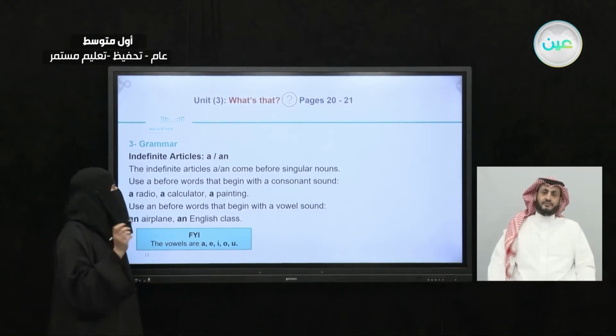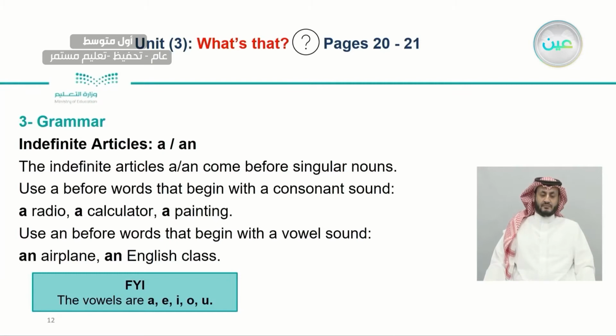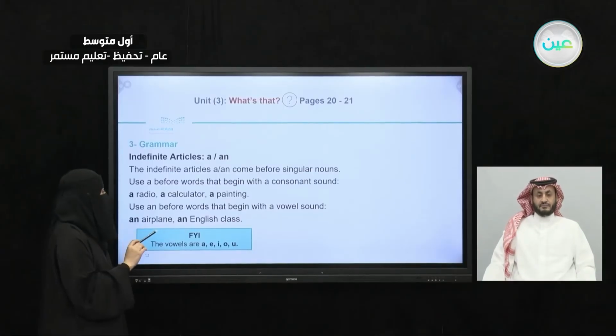Good job. So, the indefinite articles a and an come before singular nouns. Okay? Use a before words that begin with a consonant sound, like a radio, a calculator, a painting. All those sounds are consonant. They're not vowels.